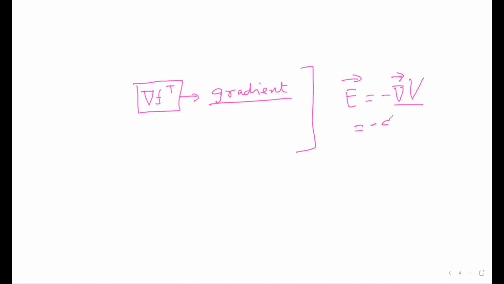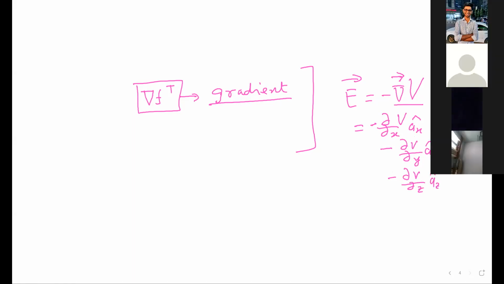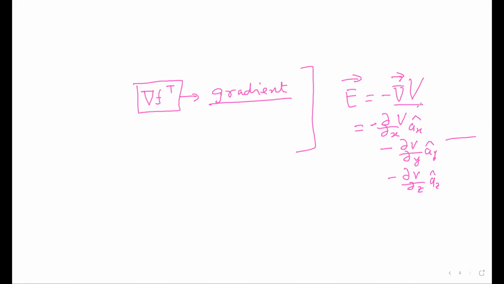This is equal to dV/dx ax minus dV/dy ay minus dV/dz az in general, isn't it? Yes, sir. And why is the partial derivative needed? The reason is that V is a function of x, y, and z. So in this way, if you want to write the derivative, this gradient is actually a column vector.